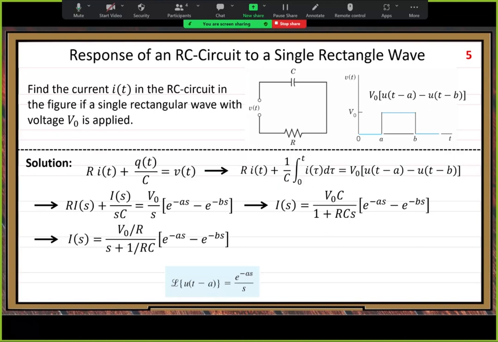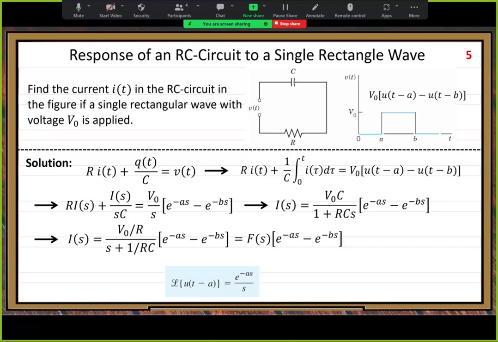Because when you apply a formula, you need to make the form fit the formula well. So that's the reason we changed that. Basically, the denominator is s plus a constant number, s plus a. That's the s plus a form. The numerator is constant, the denominator s plus another constant, which we treat as a.